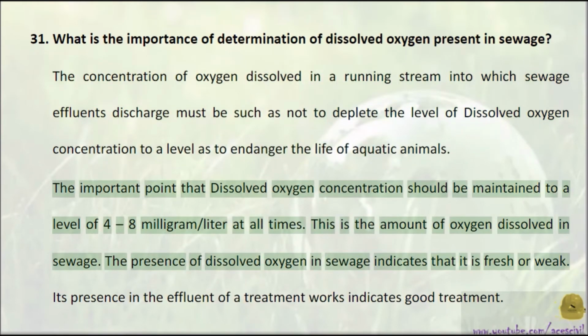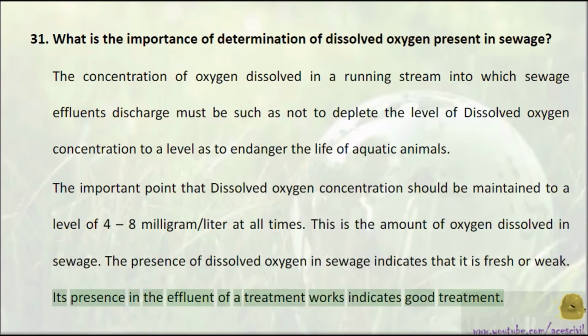The important point is that dissolved oxygen concentration should be maintained at a level of 4.8 mg/liter at all times. This is the amount of oxygen dissolved in sewage. The presence of dissolved oxygen in sewage indicates that it is fresh or weak. Its presence in the effluent of a treatment works indicates good treatment.